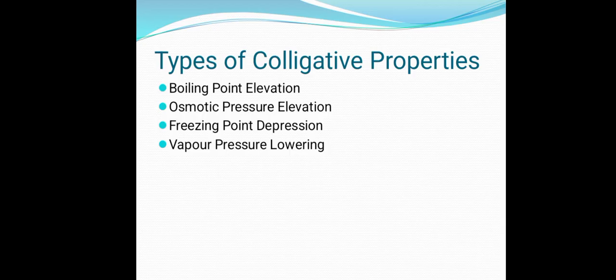These are the major types of colligative properties, which indicate that when a solute is dissolved in a solvent, the boiling point will increase, the osmotic pressure will increase, and the freezing point and the vapor pressure will decrease. So this is the knowledge of colligative properties.